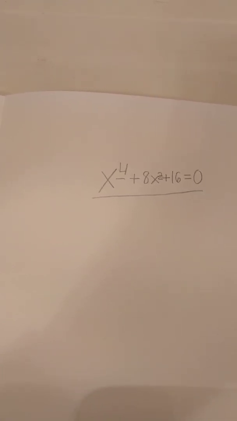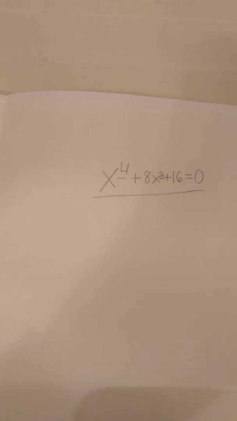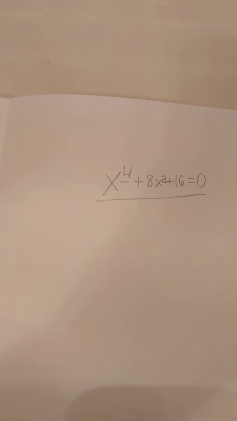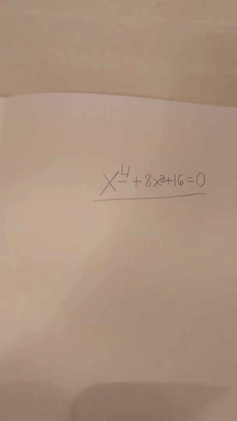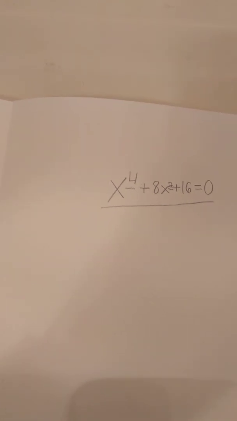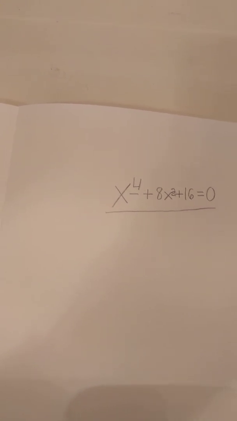So what we need to do is find a new value or letter for x that we can substitute for it and create a more usable quadratic equation, thus the name substitution. So let's pick u for it, and u will be equal to x squared.